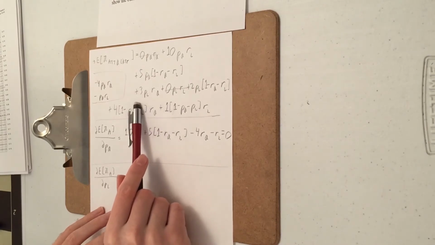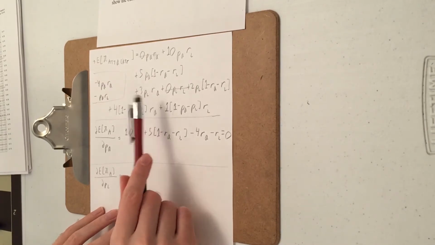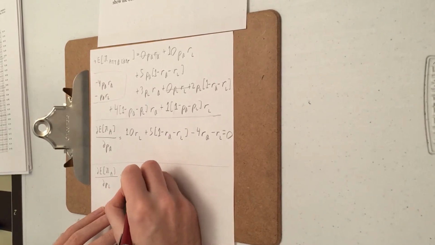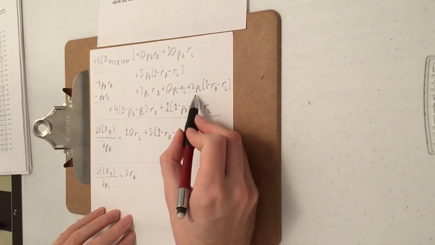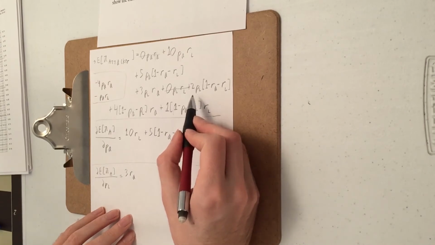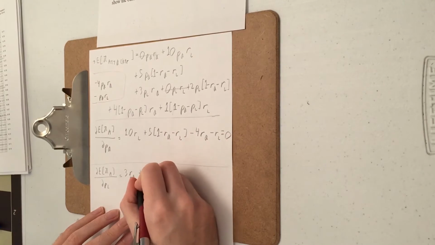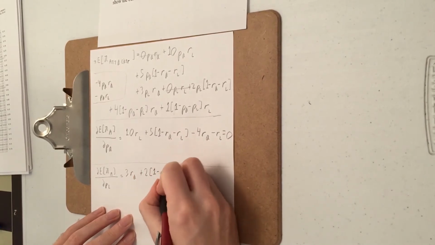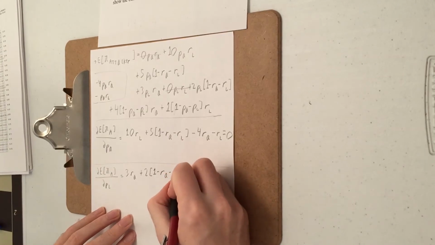Here we've got a PL. That's multiplied by 3 and RA, so that partial derivative is going to be 3 times RA. We have another PL over here, so that partial derivative is going to be 2 times 1 minus RA minus RL.